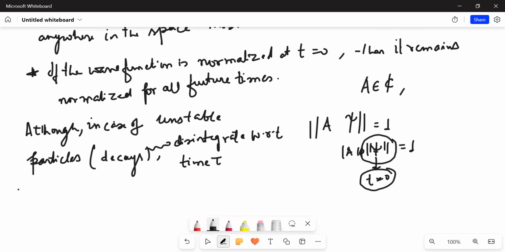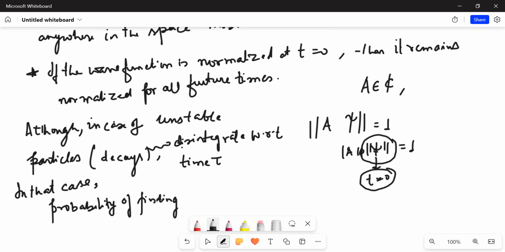In that case, probability of finding the particle, since it is decaying, does not remain a constant.